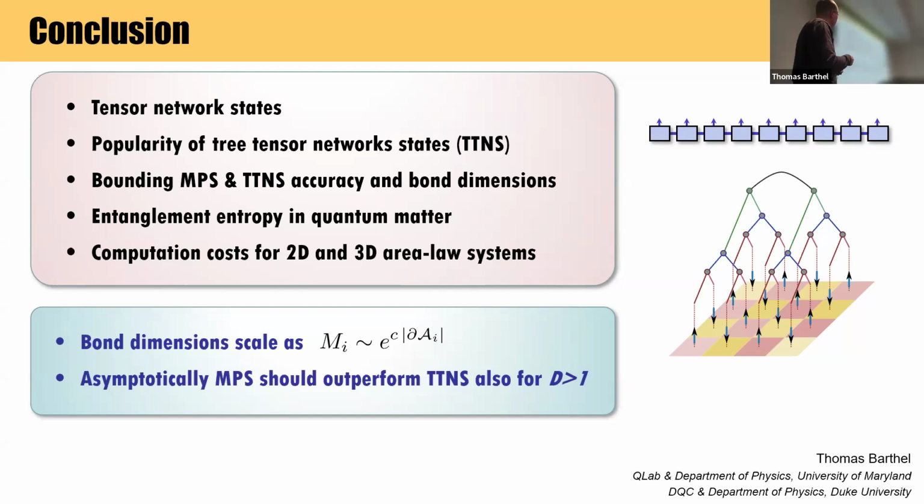Then, based on the fact that in most systems we care about we have an area law or log area law, we were able to determine the scaling of computation cost of MPS and tree-tensor networks for 2D and 3D systems which obey this area law. The bottom line was that it seems that MPS wins, at least if we go to large system sizes. Of course, the prefactors could mean that for small systems the trees could still win. Okay, and I would like to thank you for your attention.